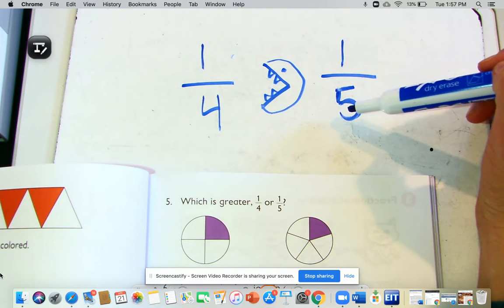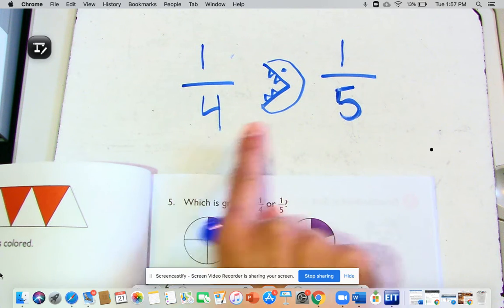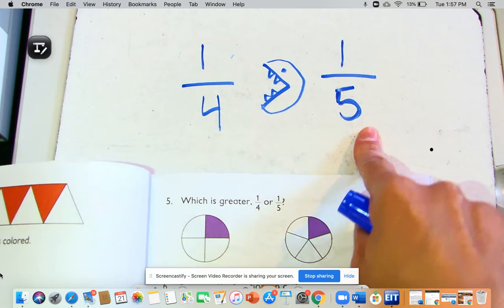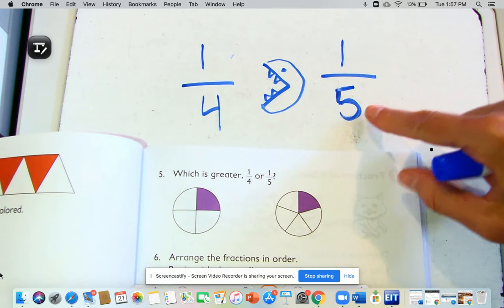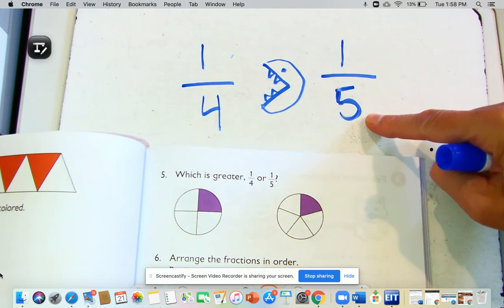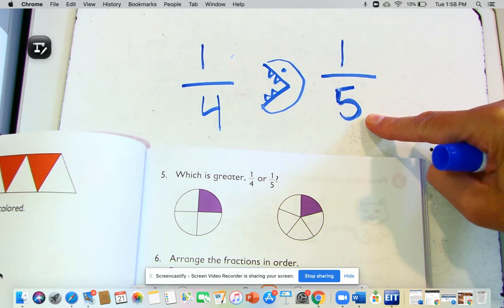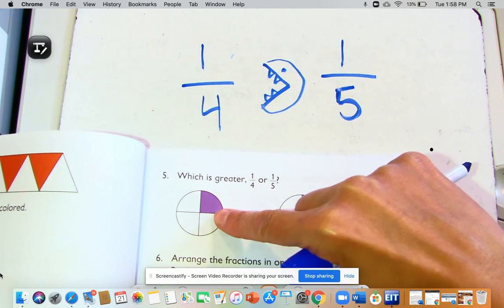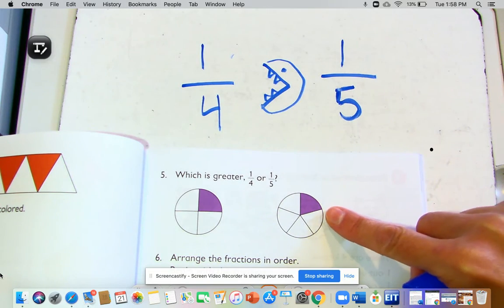So it's sort of like opposites. You would think, well, I see a 4 here and a 5 here, 5 is bigger. Well, in fractions, it is the opposite. When the denominator gets bigger, the fraction is actually smaller. That's kind of interesting. So 1/4 is greater than, it's bigger than 1/5.